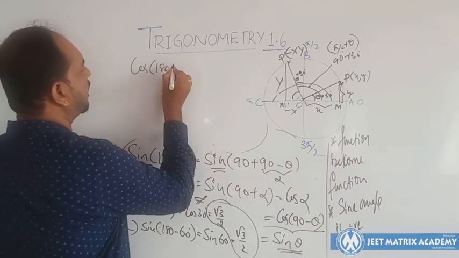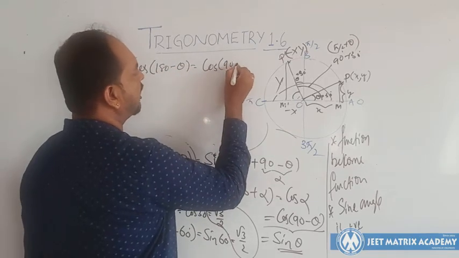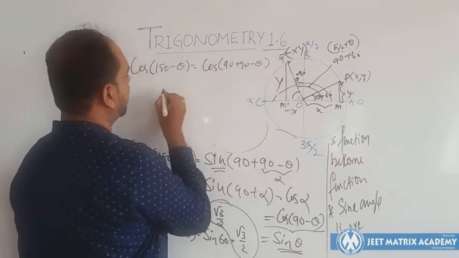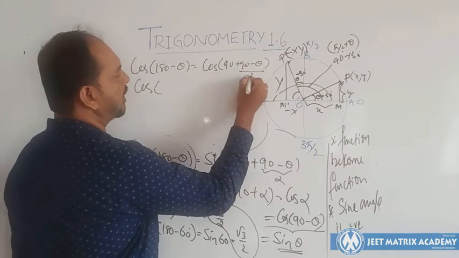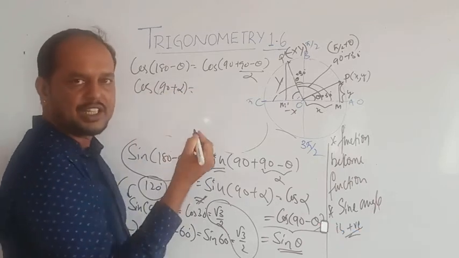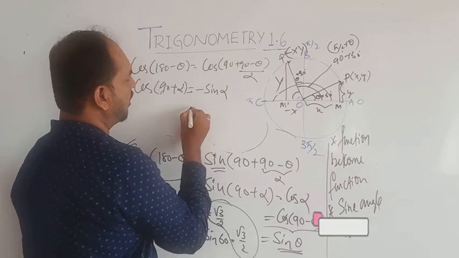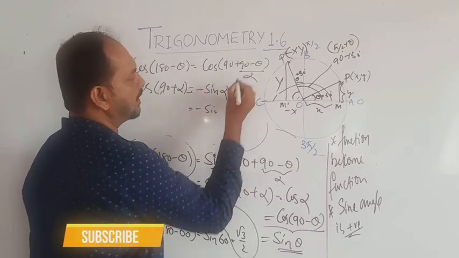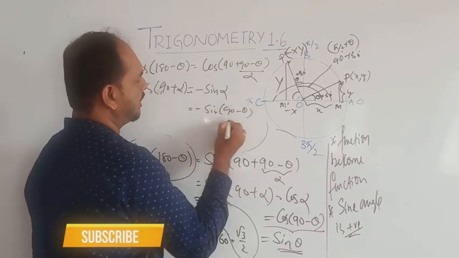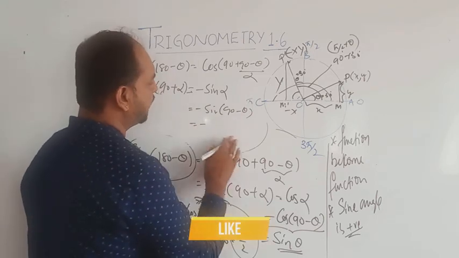cos(180 − θ). What can I say? cos(90 + (90 − θ)). This I'll consider alpha. That is cos(90 + α). What is cos(90 + θ)? It will be minus sin α. Minus sin α replaced by 90 minus theta: minus sin(90 − θ).